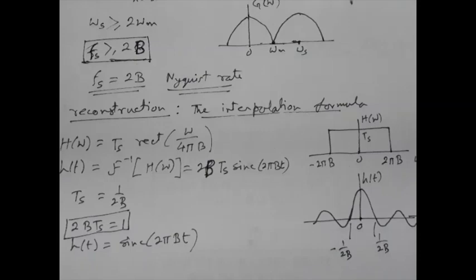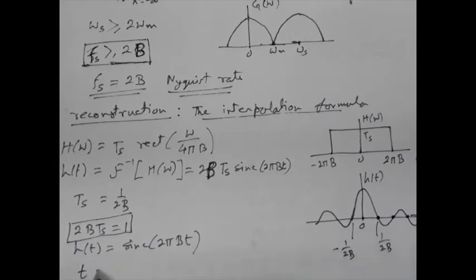Now h(t), if you see this figure, is 0 at these points, and these points are nothing but the Nyquist sampling instants.